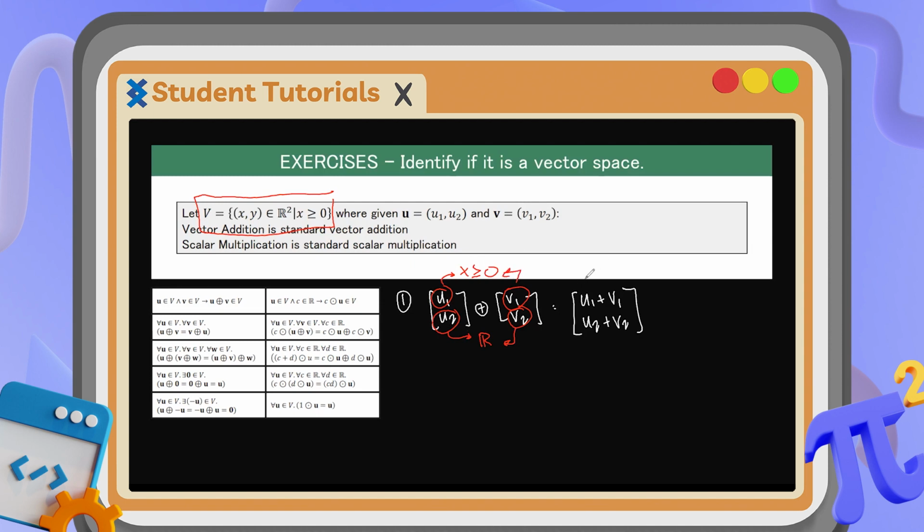When we add them together, a non-negative number plus another non-negative number will always give us a non-negative number. The second element is also a real number, since both second elements are real numbers. Therefore, we've satisfied the closure property of vector addition.